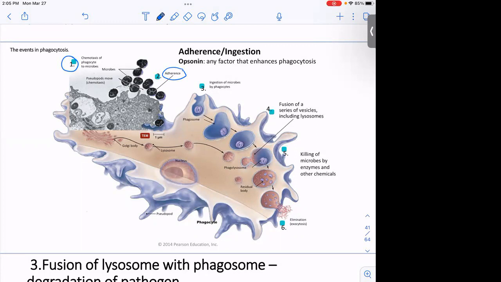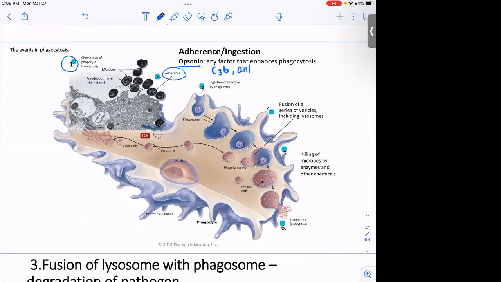It has to really grab a hold of that invader. It has to stick to it. And we talked about sometimes that's really hard. Maybe the invader has a big capsule around it and makes it hard to get a hold of. If there's some opsonin present, that adherence of the macrophage to the invader is going to be a whole lot easier. So again, an opsonin is any factor that enhances phagocytosis. It could be complement fragment C3b that acts as an opsonin.